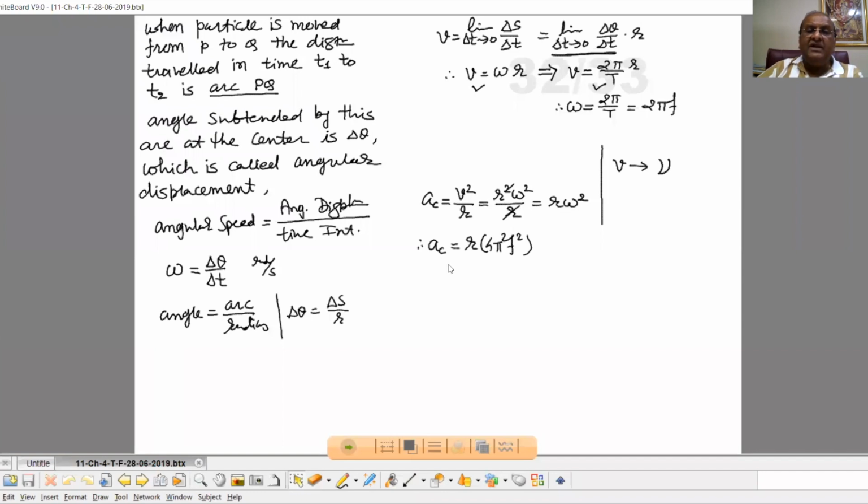So centripetal acceleration you can write as R omega square. Now if omega is replaced by 2 pi f, then you can write 4 pi square f square R. Here be careful, I use the symbol small f for frequency, and see your text. In the text, the symbol used is nu.